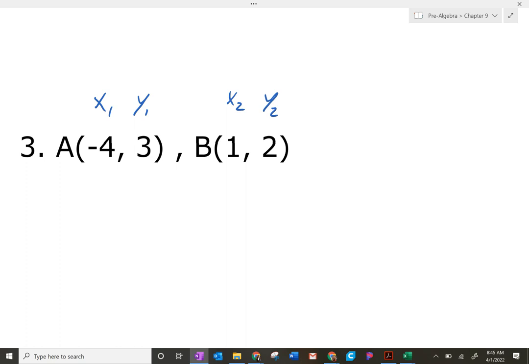Make sure you put that minus a negative, because it would have been minus a negative 4. There we go. Yep. As long as you have a negative here, you're good.